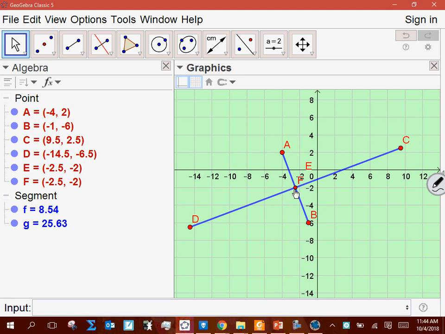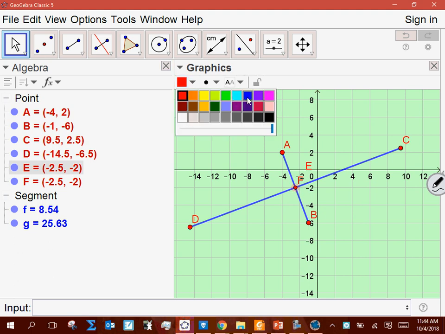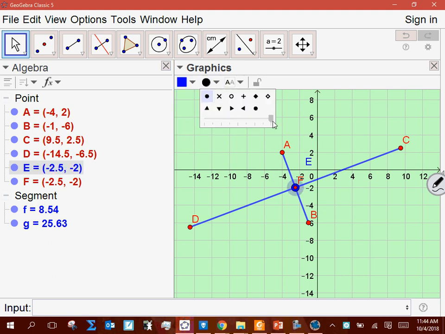So this point right here, that big point right there, E or F, what do you want to call it, is the midpoint for AB, so it shows up on segment AB. It's the midpoint of CD, it shows up on segment CD then. And if it shows up at the same exact location, -2.5, comma -2, then it means it's on both segments, and it's bisecting both segments, or it's the midpoint of both segments.